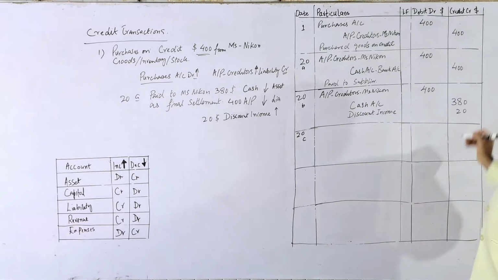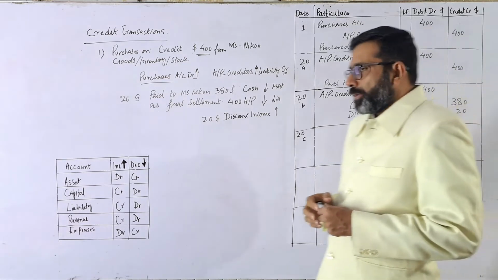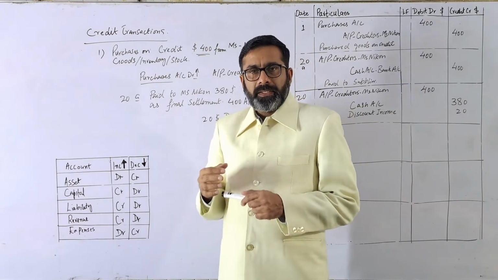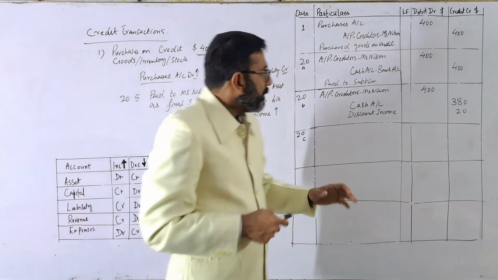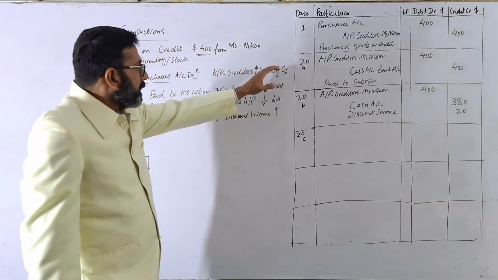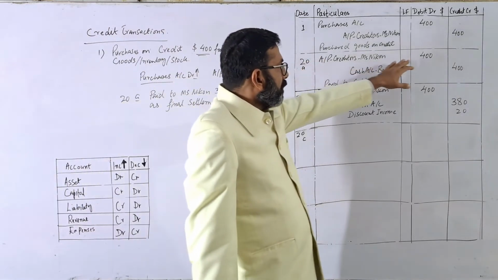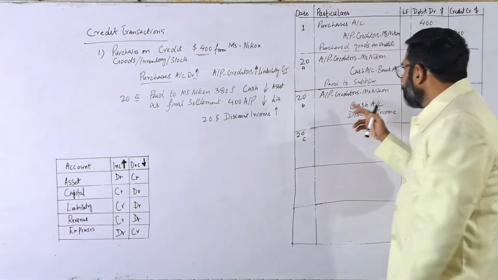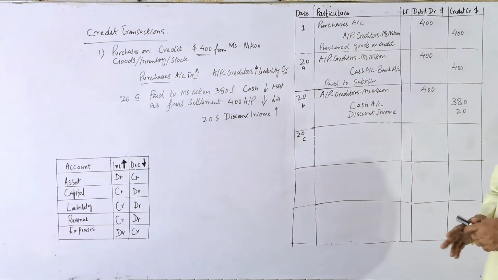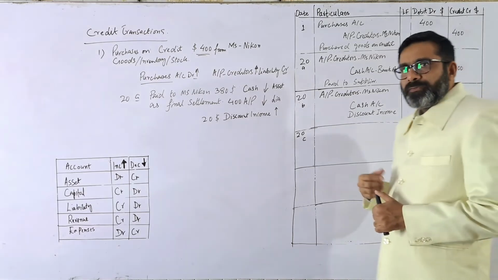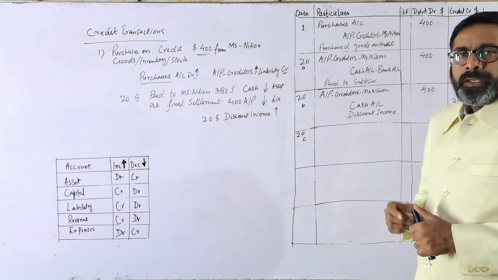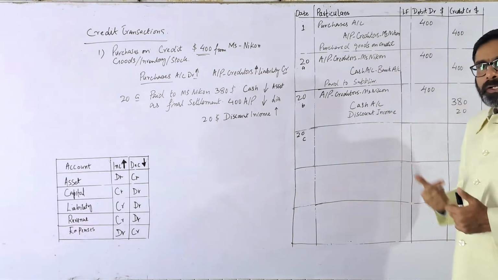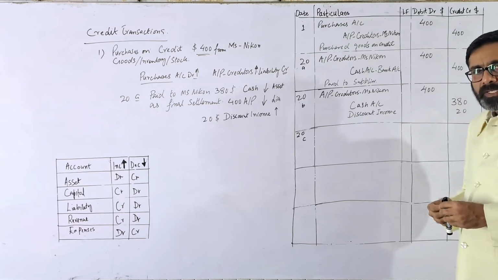That is $20. Now the first option is that you are paying the 100% amount to the supplier. So your creditors is debit by $400, your payable is debit by $400, and then the cash is credited by $400. The second option is that instead of $400, you are only paying $380, and $20 discount you are receiving from the supplier.